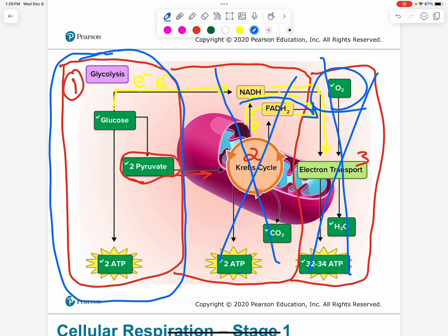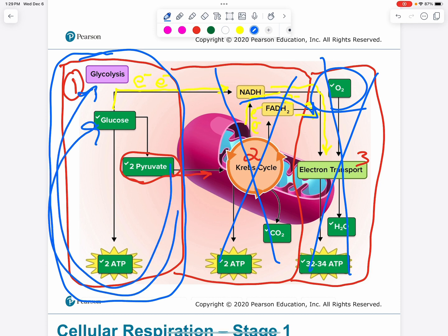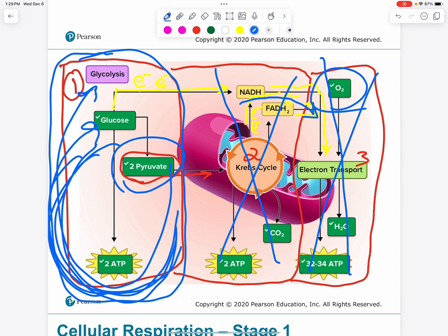So what's going to happen if you can't do steps 2 and 3? You're just going to keep going back and break up another glucose, and then break up another glucose, make 2 ATP, make 2 ATP, keep this going. It's going to pile up pyruvate that will be taken care of later if you breathe.